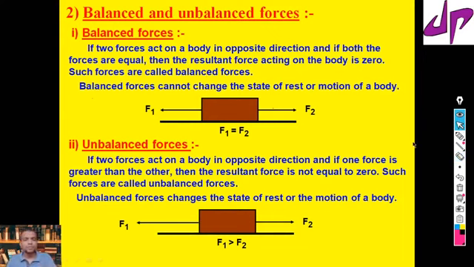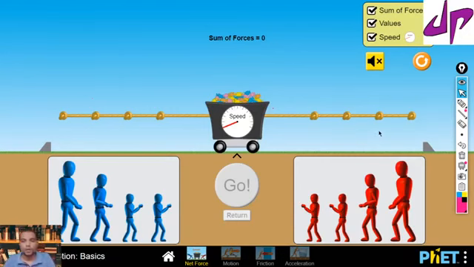Let's see one small simulation to understand balanced forces and unbalanced forces. With the help of the simulation, let's play a tug of war. Here two teams are present, one is the blue team, another is the red team.